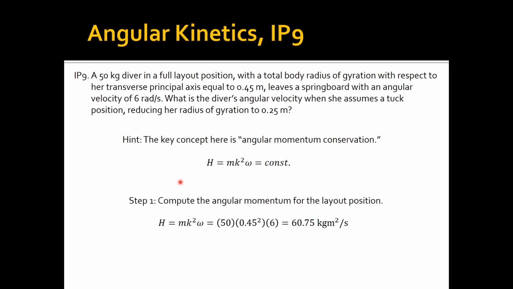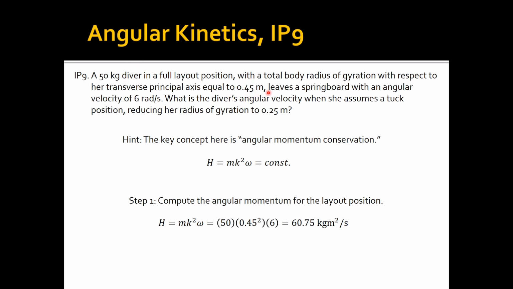Okay, the last question is coming from angular kinetics. This is a diving example, and this question is about the angular momentum conservation concept. So we have a diver here. A 50-kilogram diver in a layout position with the total body radius of gyration with respect to her transverse principal axis equal to 0.45 meters. The radius of gyration is provided, and then her body mass is provided.